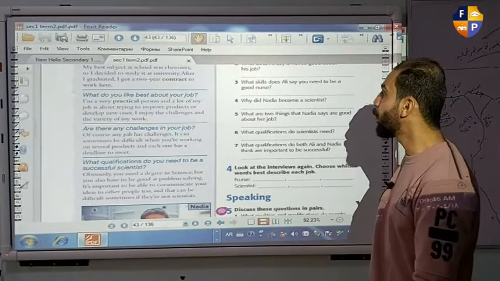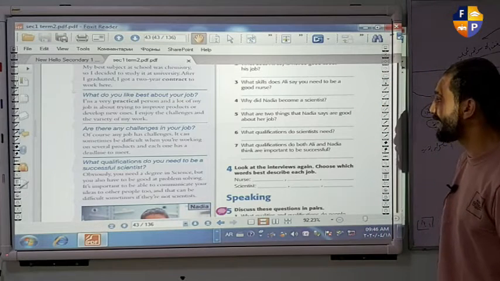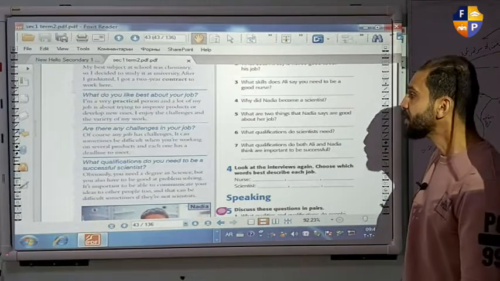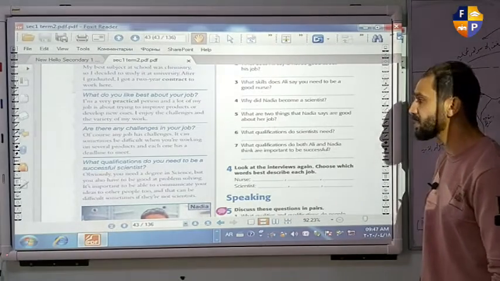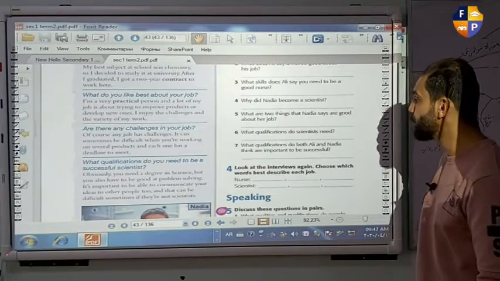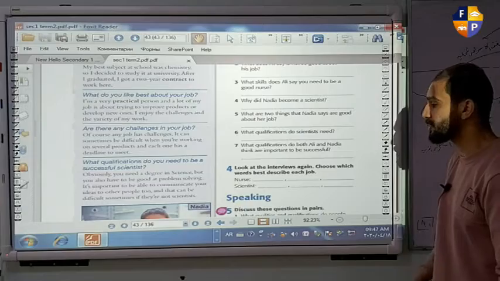Number 5, what are 2 things that Nadia says are good about her job? Number 6, what qualifications do scientists need? Number 7, what qualifications do both Ali and Nadia think are important to be successful?